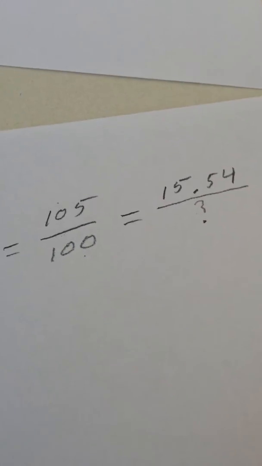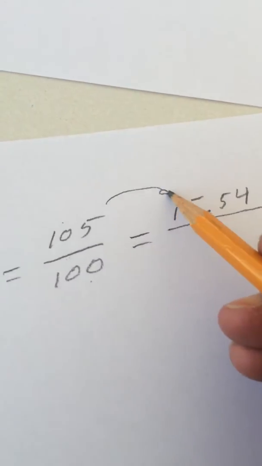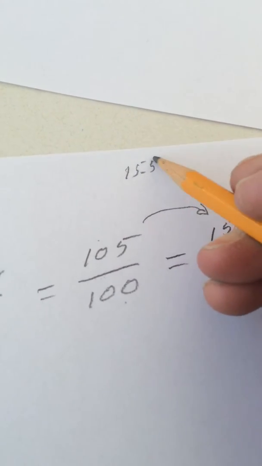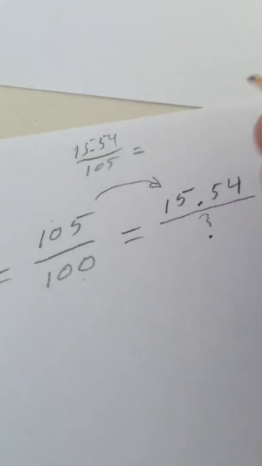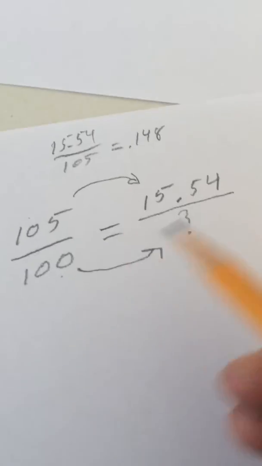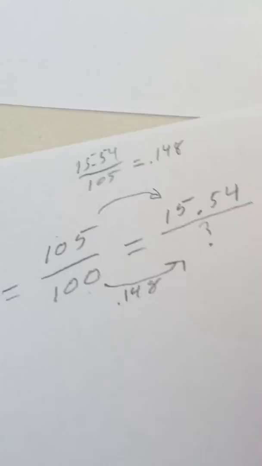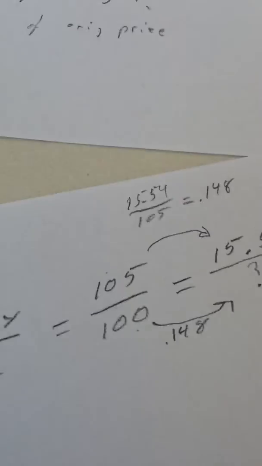Well, now it's just a ratio. We could find equivalent fractions. So I say, well, what do I have to multiply 105 by to get 15.54? And the way I find that out is by doing division. 15.54 divided by 105, which is 0.148. So in order to find this, I just multiply by 0.148, and that gives me over here the 14.80.